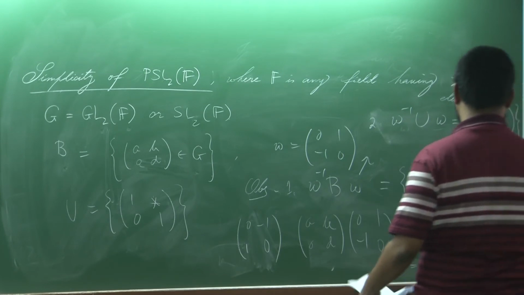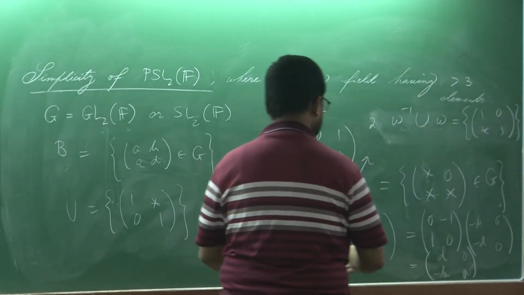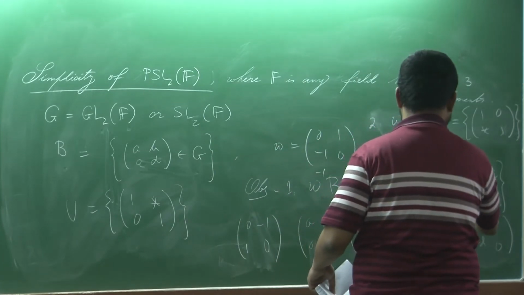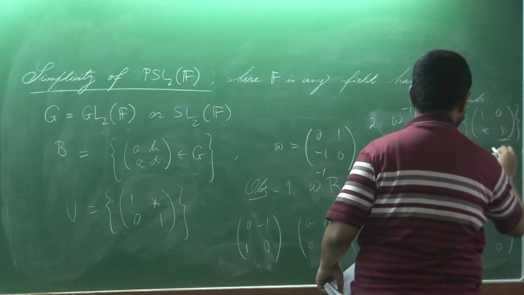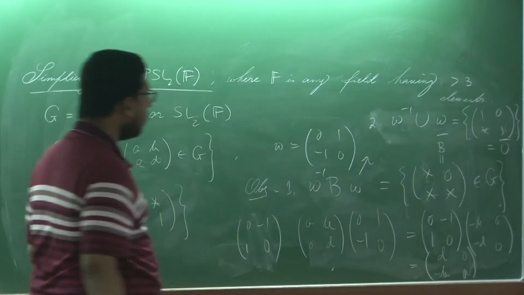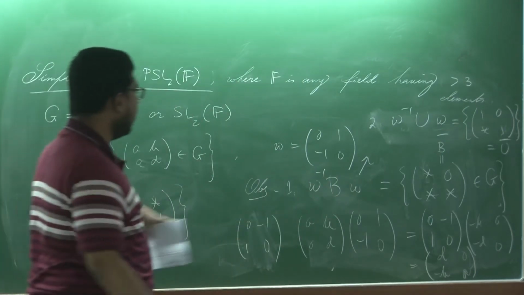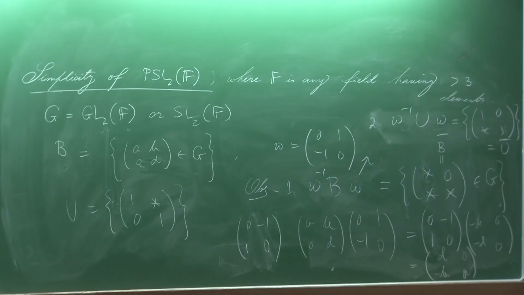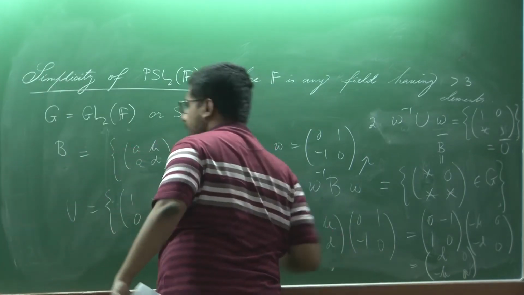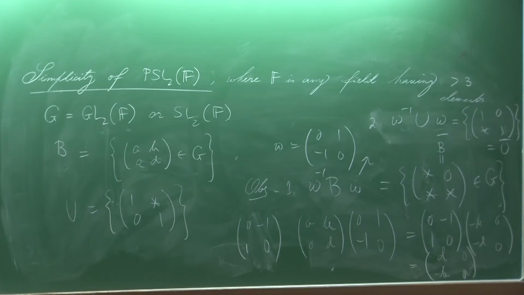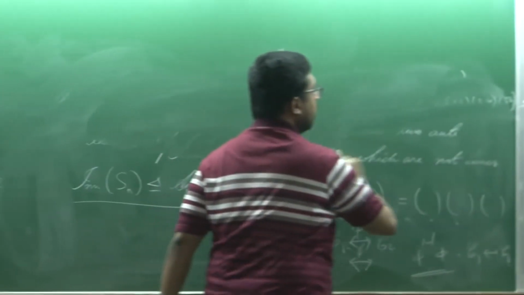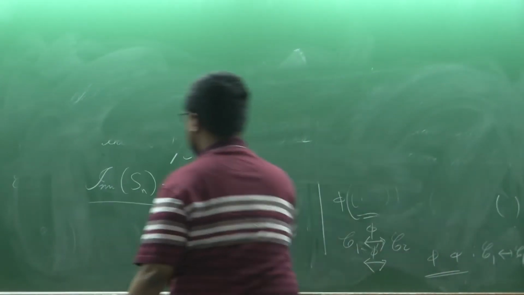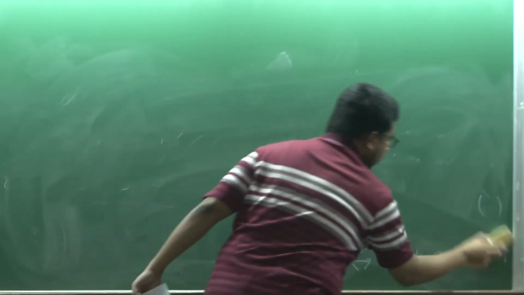For simplicity let us call this lower triangular group B prime, and here let us call it U prime. U and U prime, these two generate SL2(F). Okay. So now we directly get into our main theorem, the simplicity.